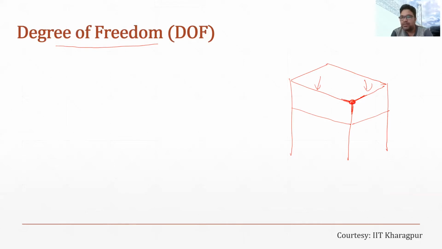Now, this joint movement can occur in which direction? This movement can occur along the x direction, it may occur along the y direction, or it may occur along the z. So if I make the axes also, say this is the z axis, this is the y axis, and this is the x axis.